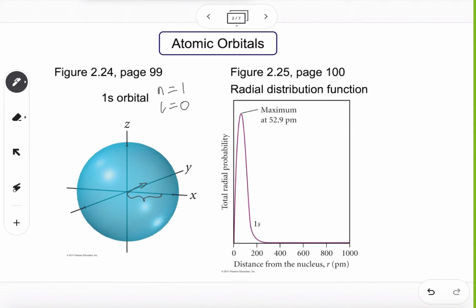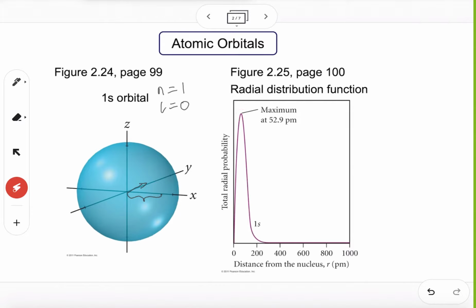It doesn't have to be the y-axis. But anyway, when you move from the nucleus outward, you can see that the chance to see electrons dramatically increases. And when you reach the distance of 52.9 picometers, remember a picometer is a very small distance, the chance to see electrons reaches its highest point.